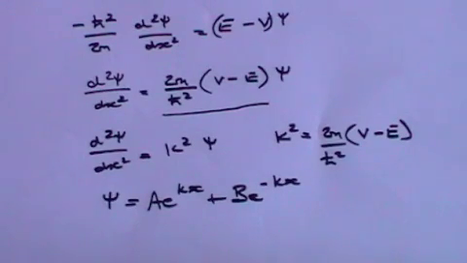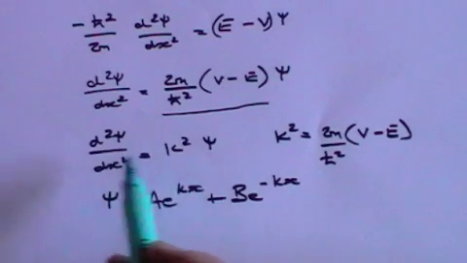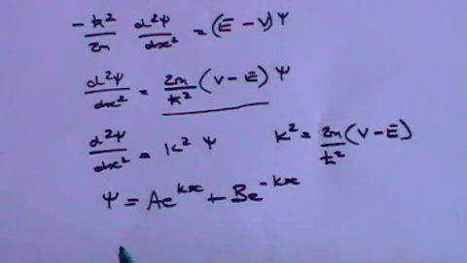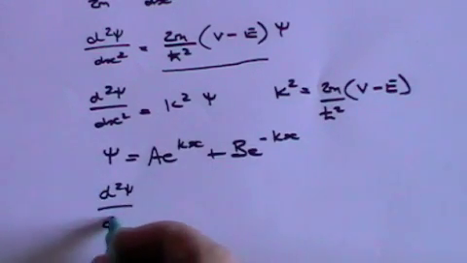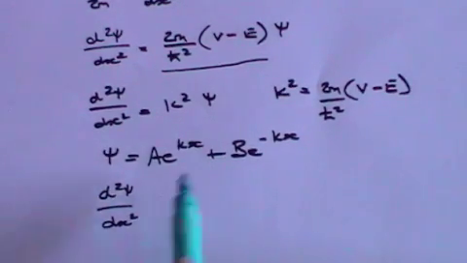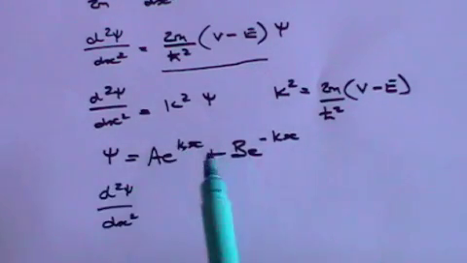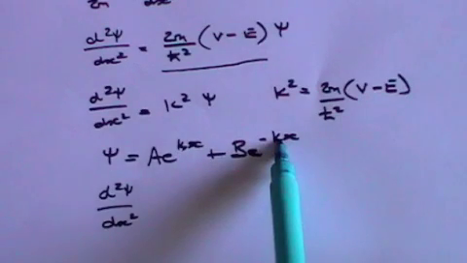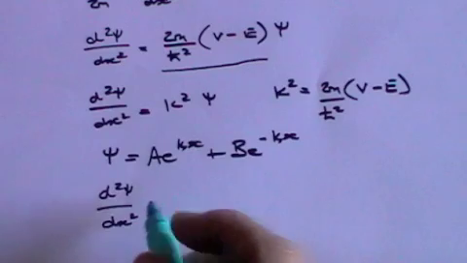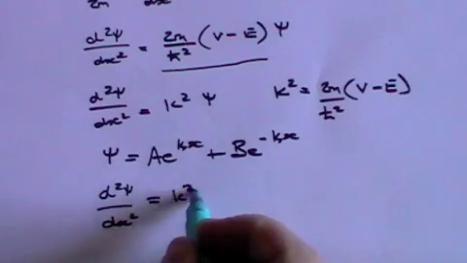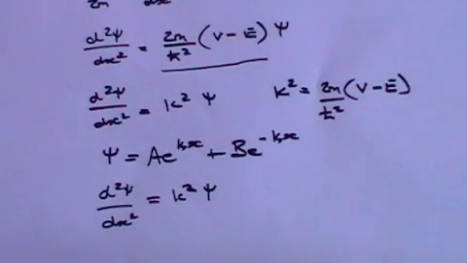You don't need any i terms here because we haven't got a minus term to worry about. I can prove that that's the case. d2 psi by dx squared, you simply bring down k twice, that becomes k squared; minus k twice becomes minus k all squared, which is of course k squared. So that is simply k squared times the original function, which is psi.